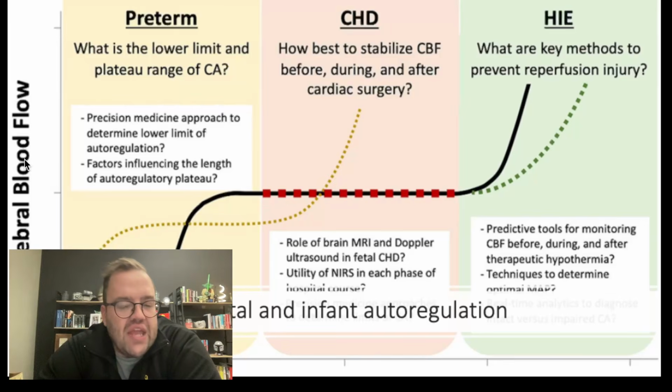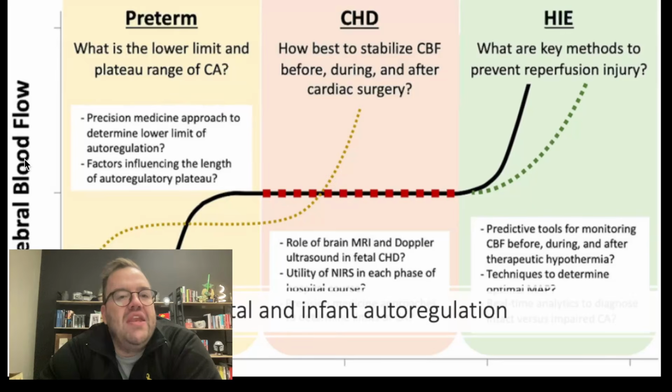Above that, you're going to get a significant increase in cerebral blood flow. And below that, you're going to get a significant decrease in cerebral blood flow. We don't really have predictive tools for monitoring what happens to infants and neonates' autoregulatory curves, but I just use the standard motto that it is impaired.